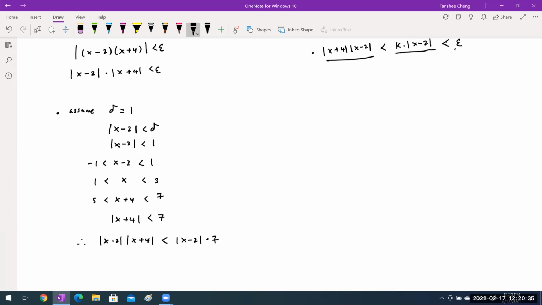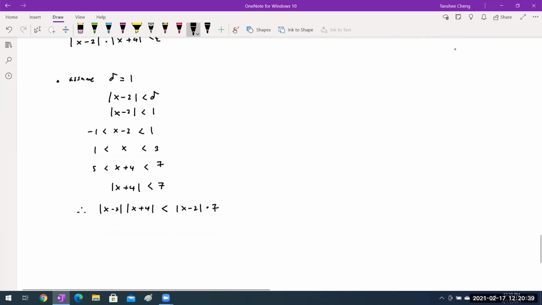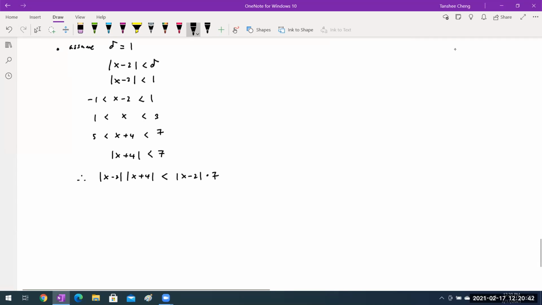Therefore, I can continue working on this. With the conclusions from our assumptions, we can say that the absolute value of x minus 2 times the absolute value of x plus 4 is less than epsilon, so 7 times the absolute value of x minus 2 is less than epsilon.